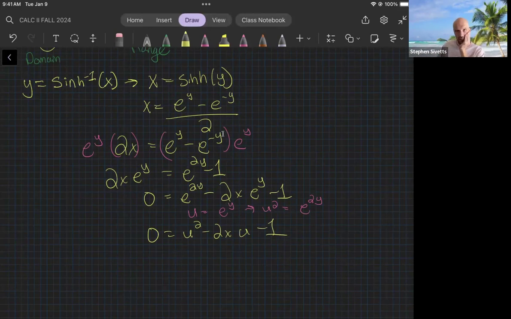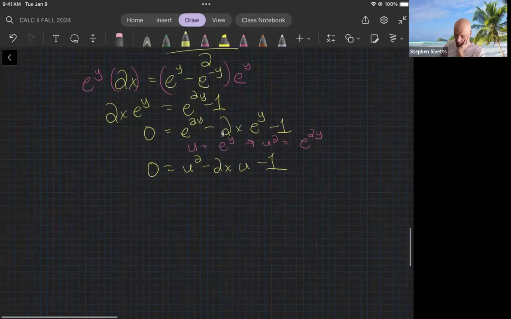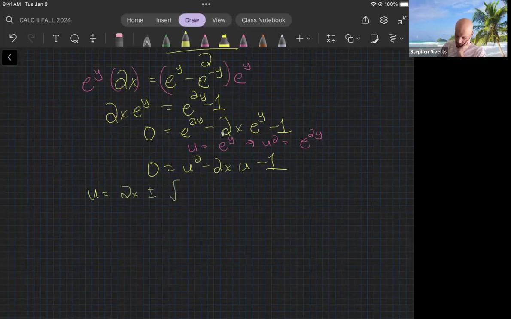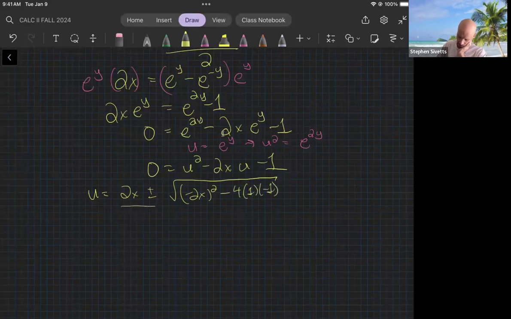Now we want to use the quadratic formula to solve for the roots for u. So u is equal to 2x plus or minus the square root of minus 2x squared minus 4 times 1 times negative 1, divided by 2 times 1.